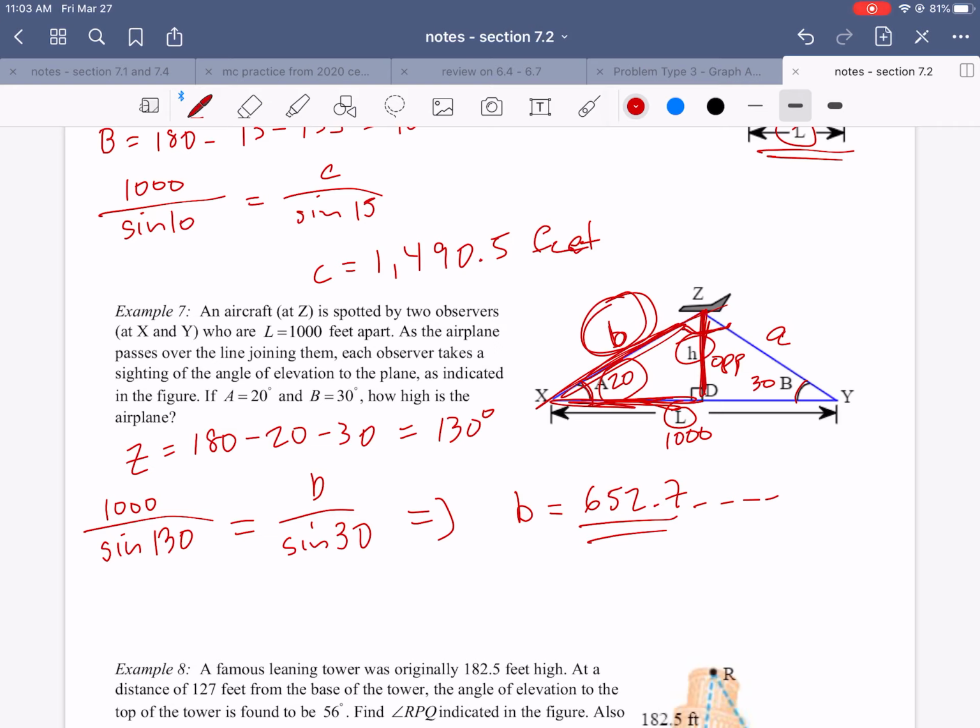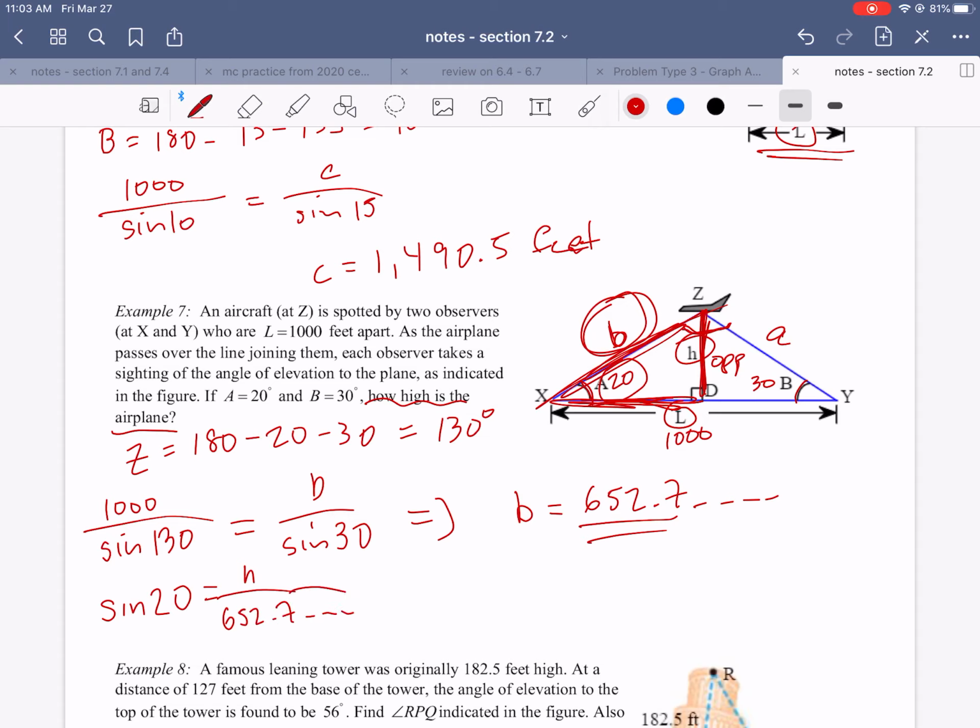And so now we're actually going to use SOHCAHTOA because that triangle that we're looking at is a right triangle. So what we're going to have is sine of 20 is equal to the opposite side, which is h, which is what we're trying to find. Okay, how high is the airplane, right? So we were looking for the height, divided by the hypotenuse, which is 652.7, and I'm not going to round that number.